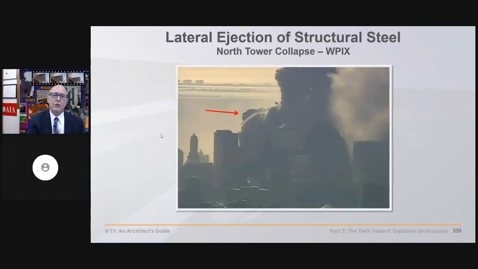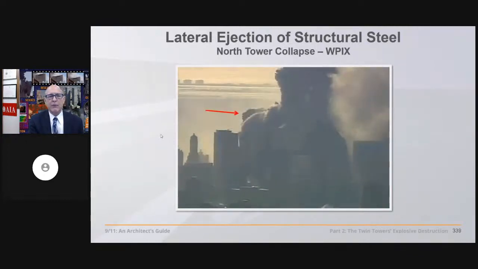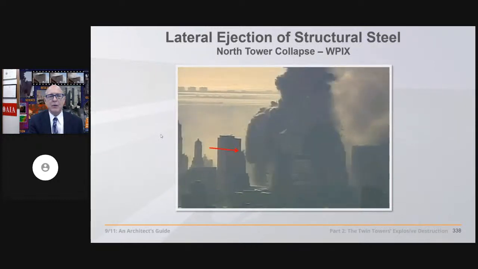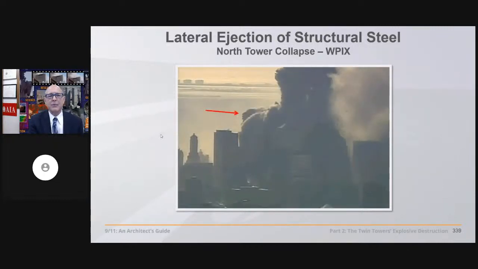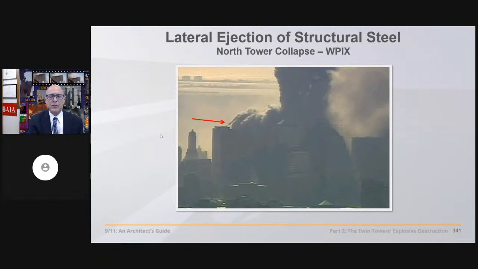Back to forward. What's that? That's a freely flying structural steel section weighing 4 tons that is shot out horizontally, right there, horizontally. Then gravity takes over and brings it down to 45 degrees, as you see there.